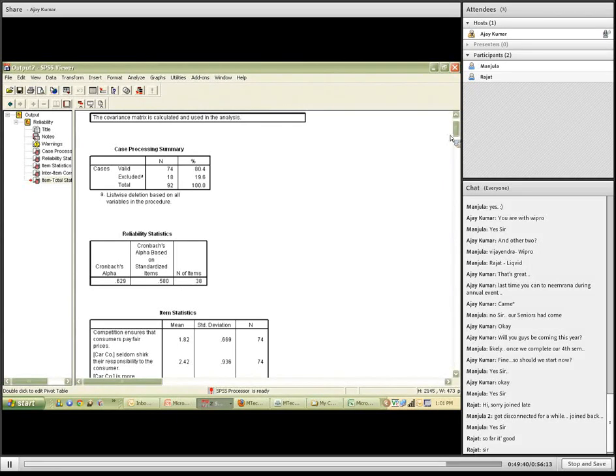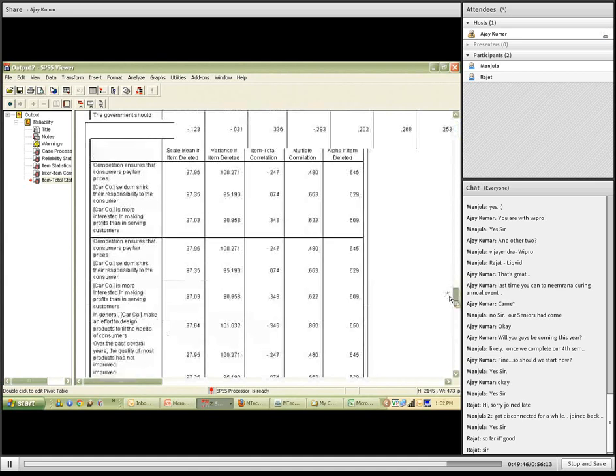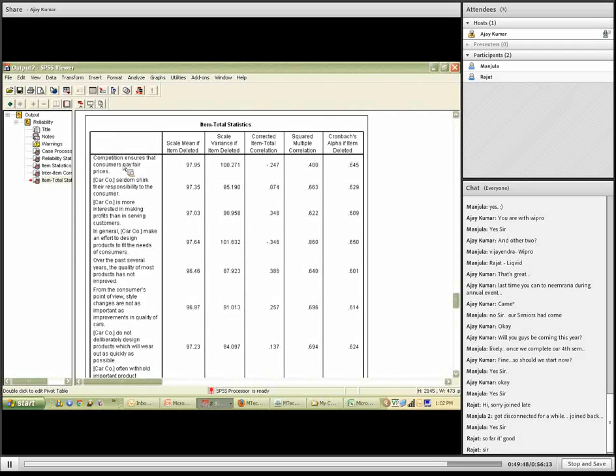This table tells us that if I delete this item out of my questionnaire, then my Cronbach alpha will go to 0.645, which is a jump. So that means this statement is creating a problem and perhaps should not be taken ahead.